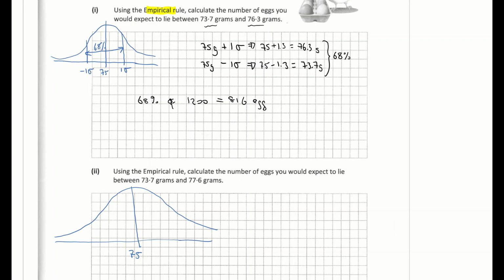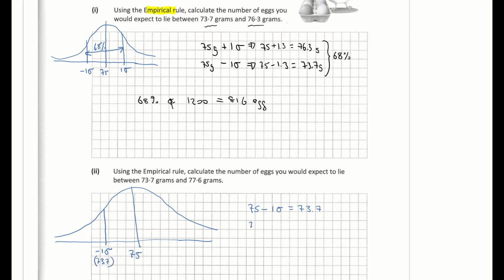And we're going back now, so we're looking for between 73.7 grams. If we take our mean and subtract one standard deviation, we got from part 1 that this is 73.7 grams. So we're going back one deviation, which brought me to 73.7 grams.